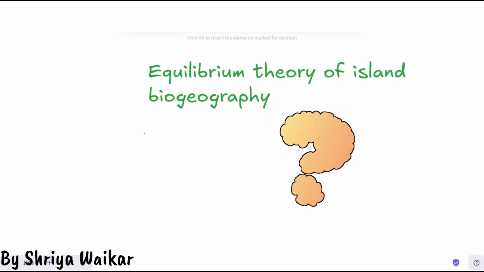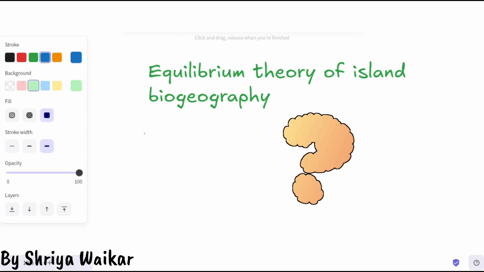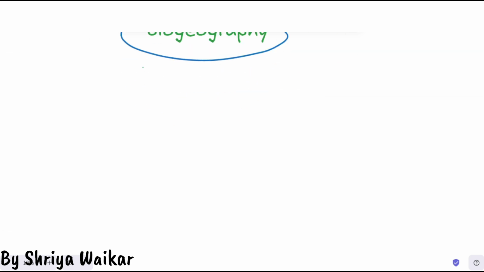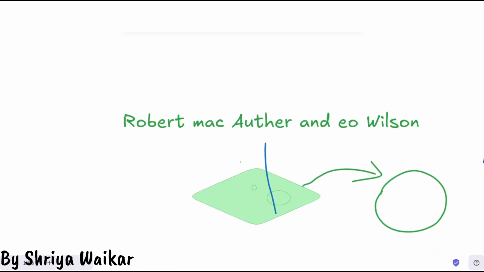Now first we will know what is biogeography. Biogeography is the study of the geographical distribution of species and the reasons for the pattern of distribution. There were two ecologists, namely Robert M. MacArthur and E.O. Wilson.